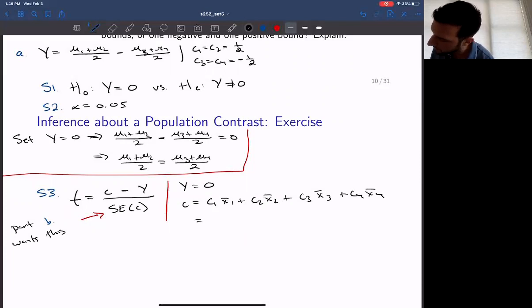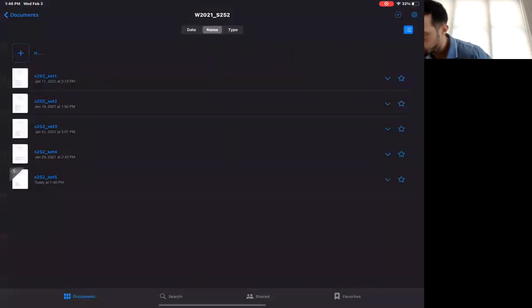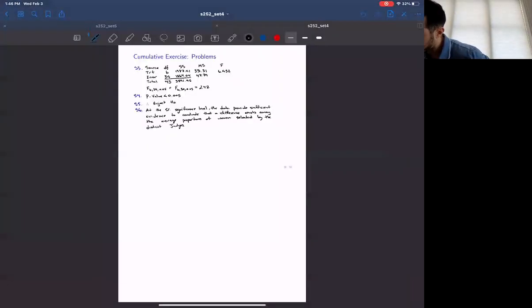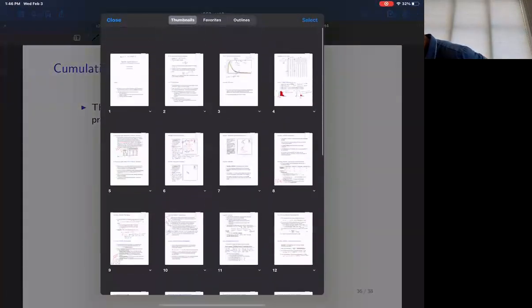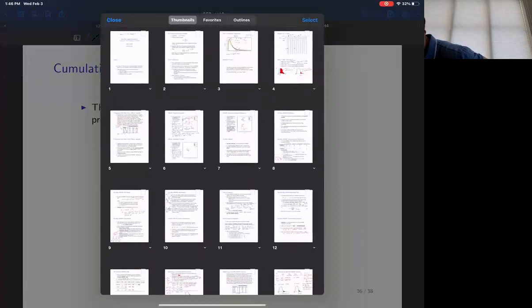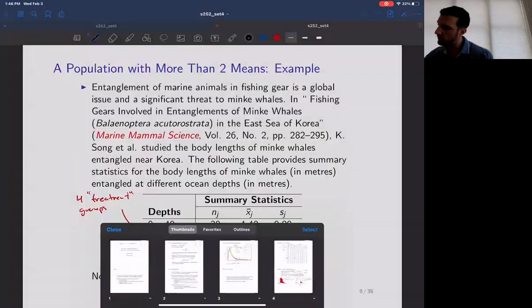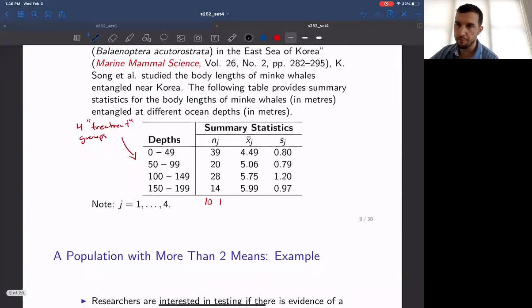So this is going to be 1 over 2 multiplied by x bar 1, which I need to pull up from lecture set 4. On slide 8 of lecture set 4, we have those summary statistics.